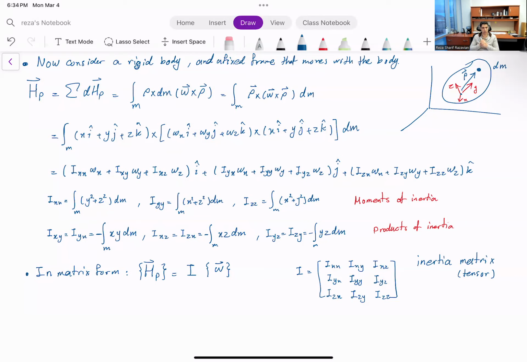You cannot just say my moment of inertia in 3D is this value. You need all of these moments of inertia and products of inertia to fully describe how the inertia of the body is behaving in a rotational sense.